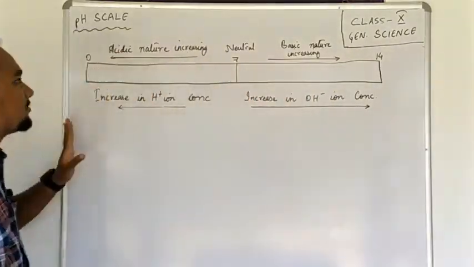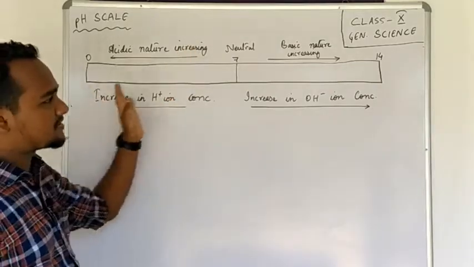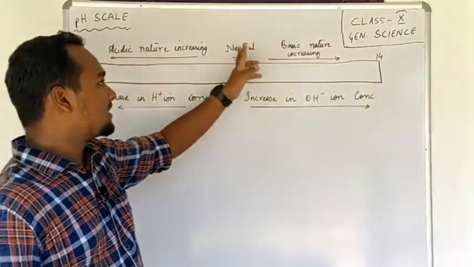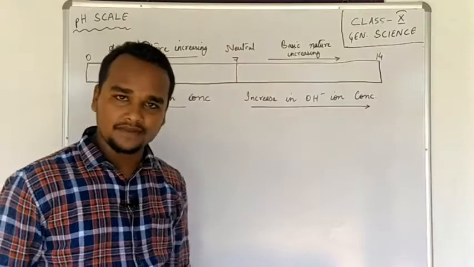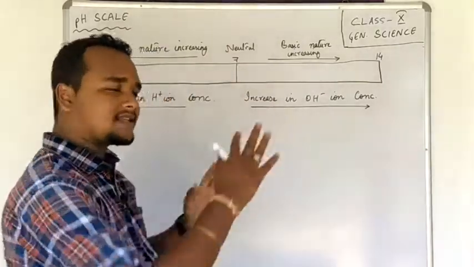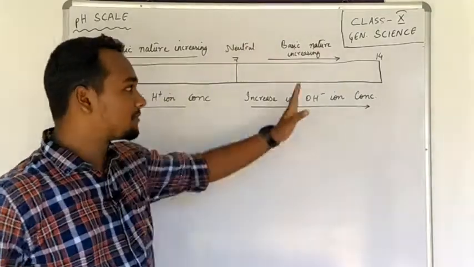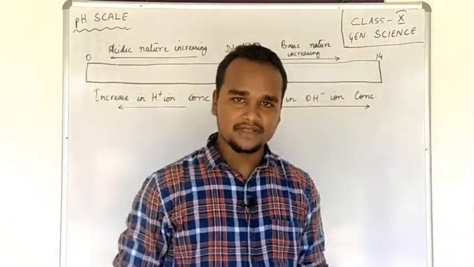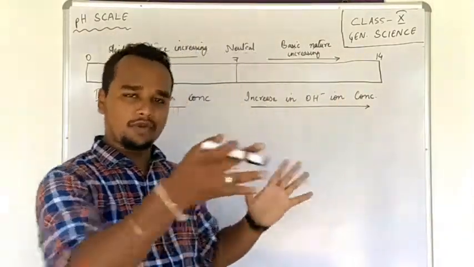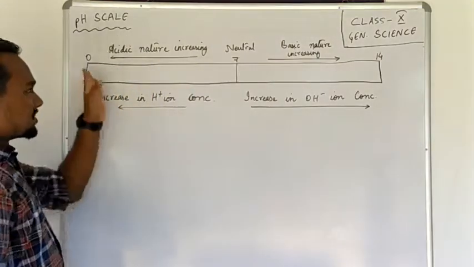Here you can just see it on the board. Here I have written acidic nature increasing, here basic nature increasing. At 7 I have written neutral. So in this pH scale, 0, 1, 2, 3, 4, 5, 6, 7, 8, 9, 10, 11, 12, 13 and 14. There are 14 units here. Including 0, there will be 15 units.